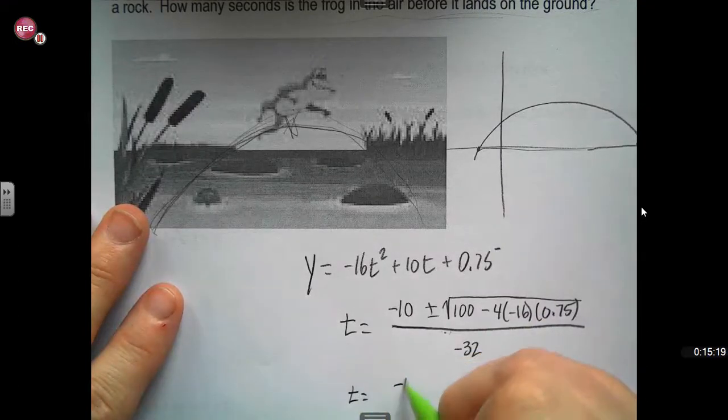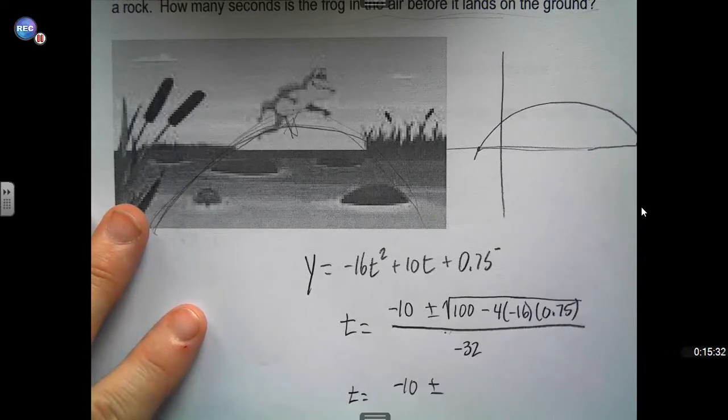So I have negative 10 plus or minus the square root of, 4 times 16 times 0.75 is 48. And because it's going to be a positive, that means in here I'm going to have 148 over negative 32.